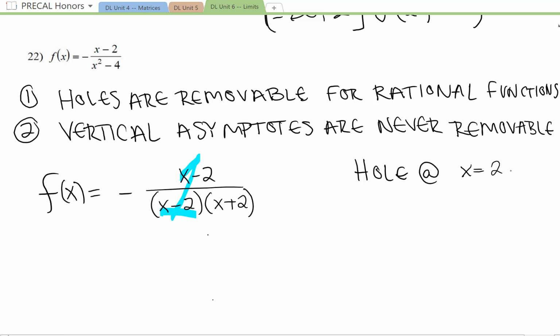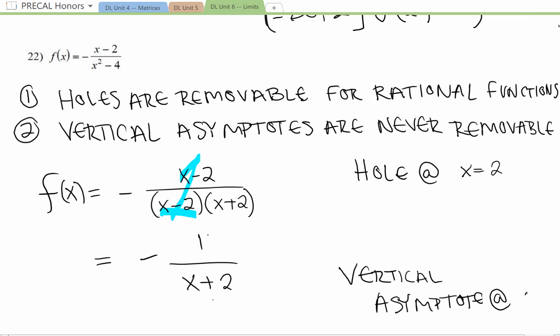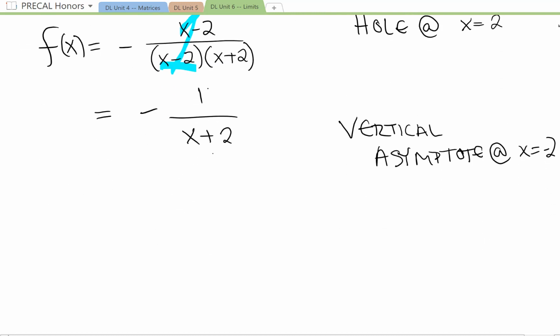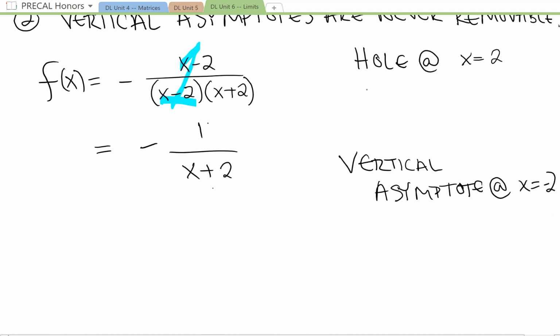The function that we're left with after the reducing is negative 1 over x plus 2. There's still a restriction. There's still something that can never ever be plugged into this, and that would be negative 2. So what you have here is a vertical asymptote at negative 2. So these are 2 points of discontinuity.